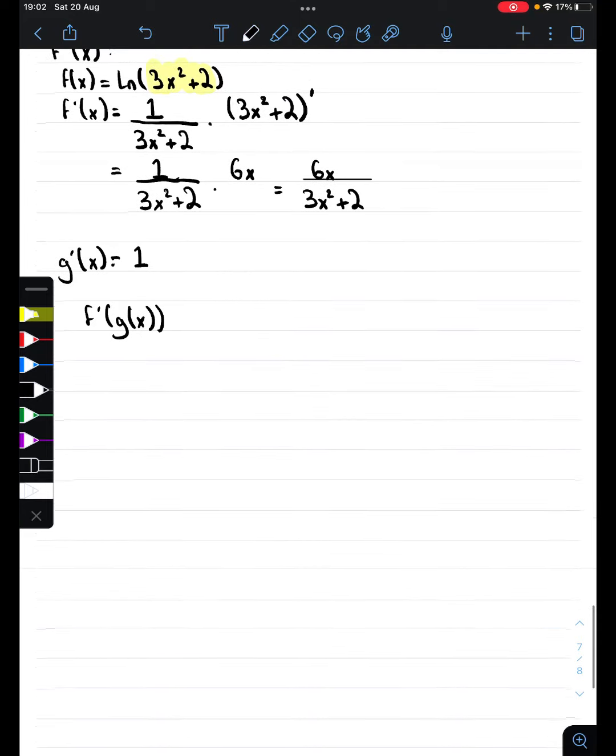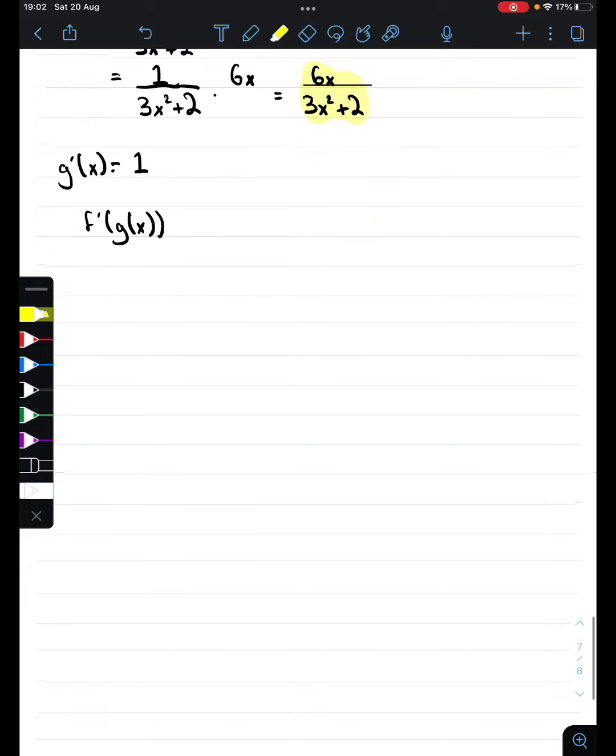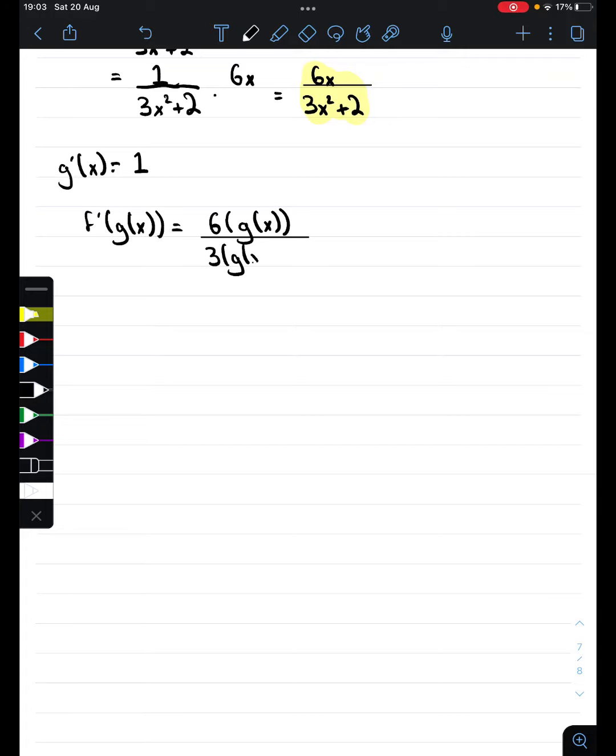And for f prime of g of x, we just have to sub in g of x wherever we see x here. So this will be 6 times g of x all over 3 g of x squared plus 2. And g of x is x plus 5, so this is 6 times x plus 5 all over 3 times x plus 5 squared plus 2.